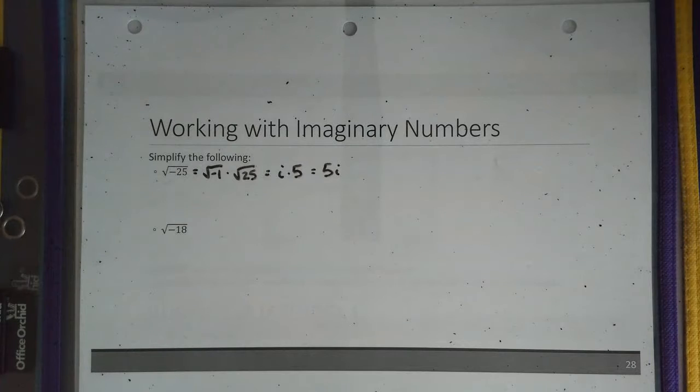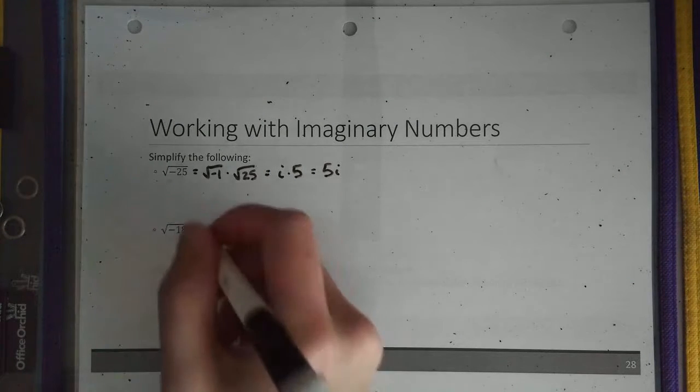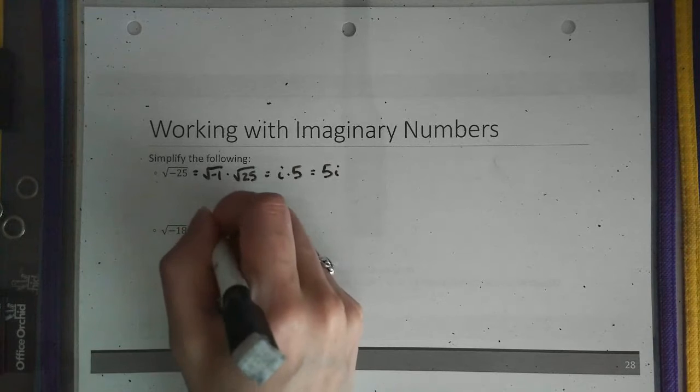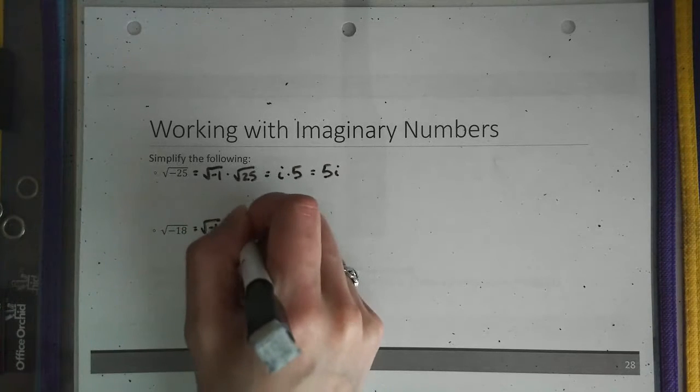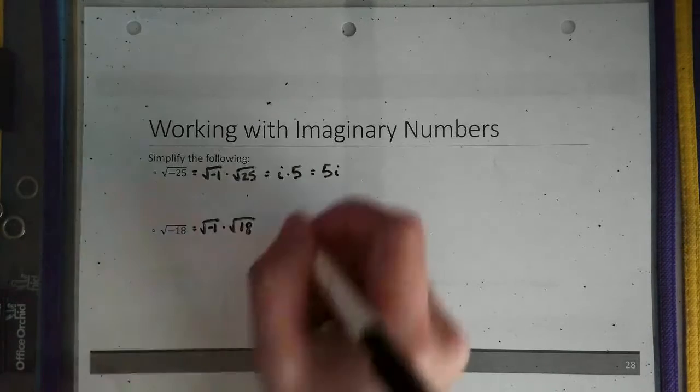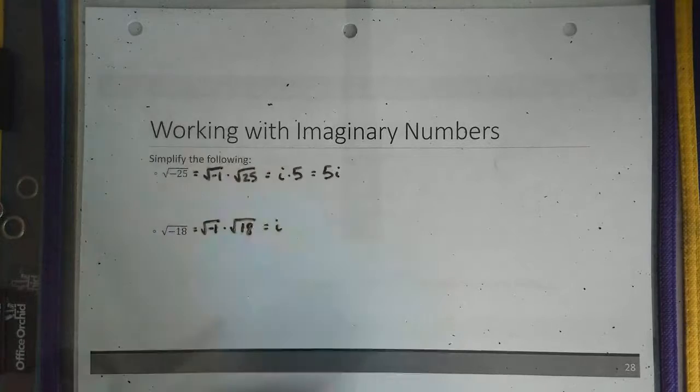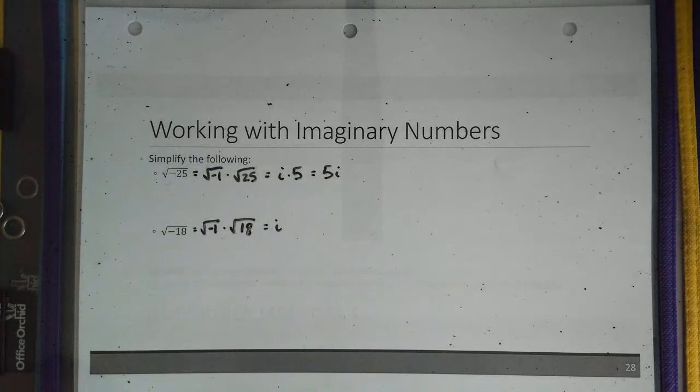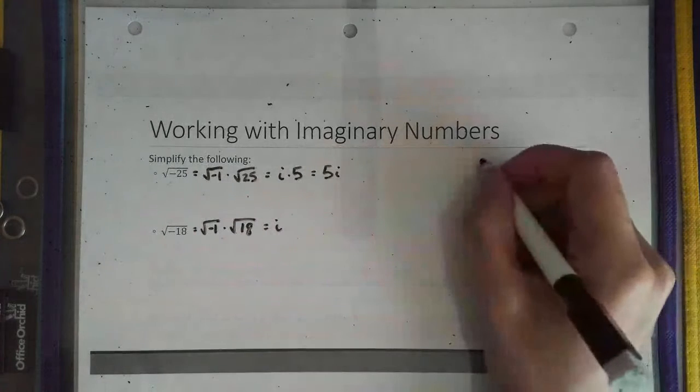Next up, we're looking at the square root of -18. I'm going to start it the same way as I started the last one. Write it as the square root of -1 times the square root of 18. We know that the square root of -1 is i, but we have to handle that square root of 18. So we have to remember how to break down radicals.